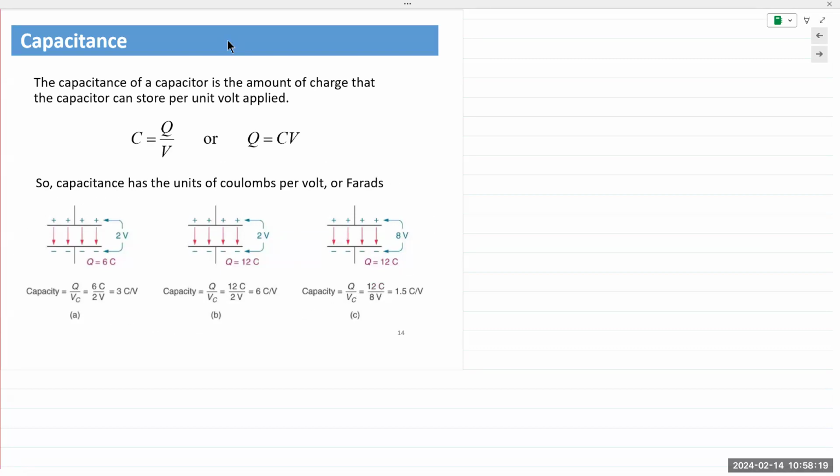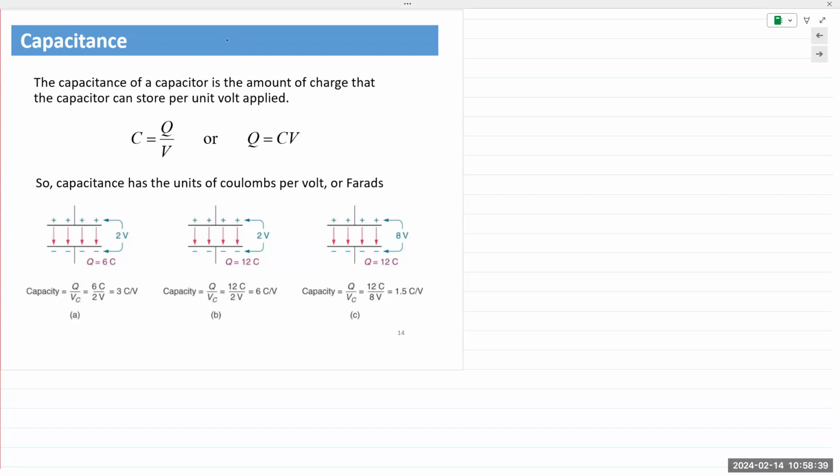Depending on the voltage, the capacitor value is inversely proportional to the voltage. So if the voltage increases, then the capacity of the capacitor decreases. Okay. So for high voltage applications, for a similar size, the capacitance value will be lower.